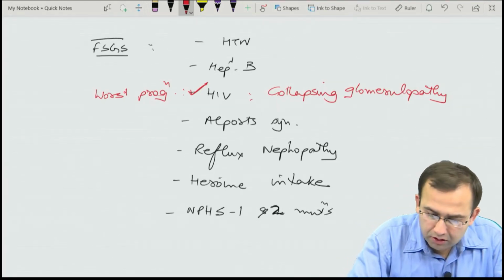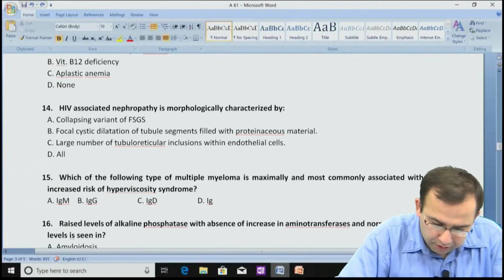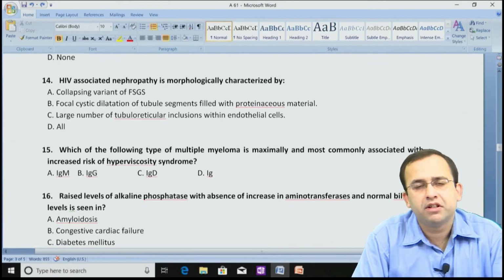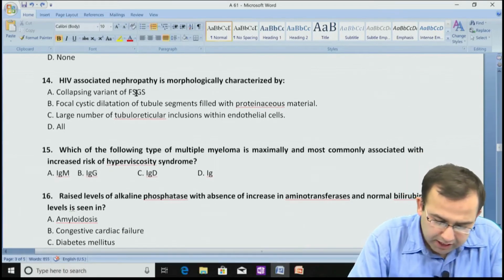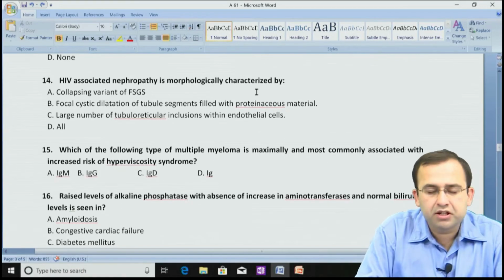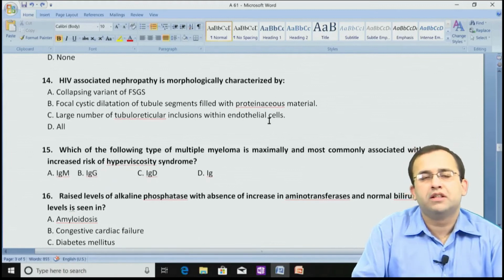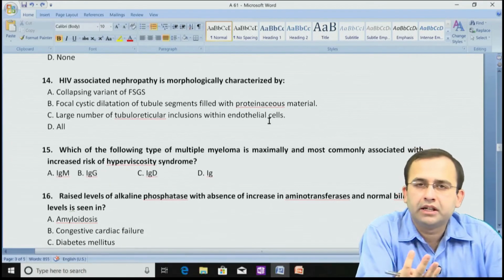So now let us have a look at the question. What you have here is HIV associated nephropathy, collapsing variant. Now if everything is collapsing, there is focal dilatation of tubule segments with proteinaceous material and large inclusions within endothelial cells. But all the points are true.